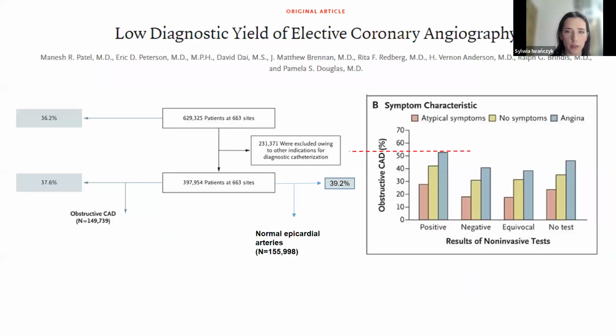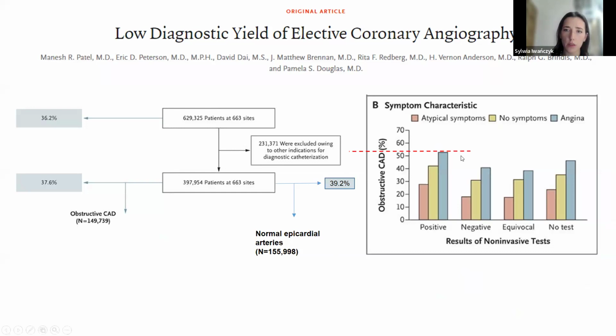On this slide it's better. As you said, the rate of the group with normal coronary arteries is different for different studies. Like in this study, it's about 40% of patients.